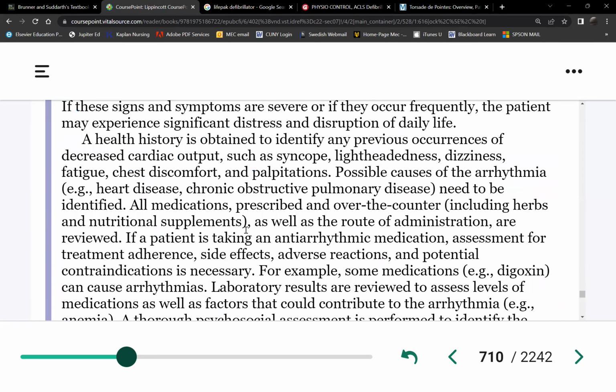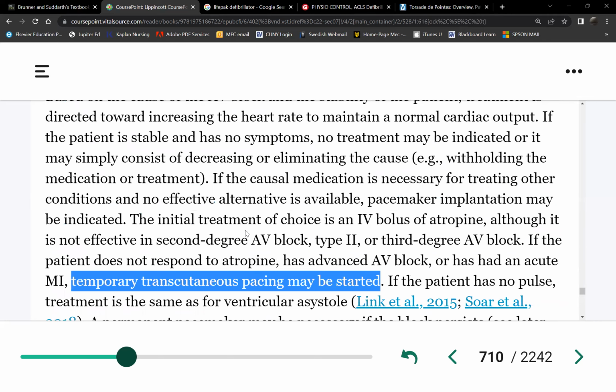Okay, so transvenous is still a temporary pacemaker. The wires are inside the patient, in the ventricles and the atria. However, the device is outside. We call that transvenous. So we have transcutaneous, which is outside.